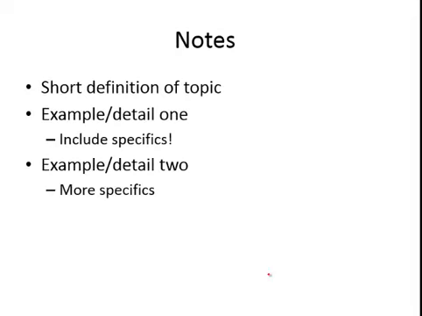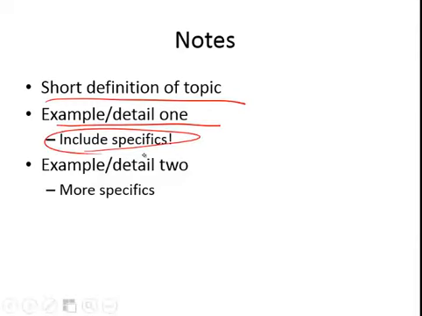Alright, let's take a look at our note structure. It's pretty standard. You'll get the main idea. You'll have an example or detail of that idea, that topic. You'll have some specifics for that detail, and then another detail with more specifics.